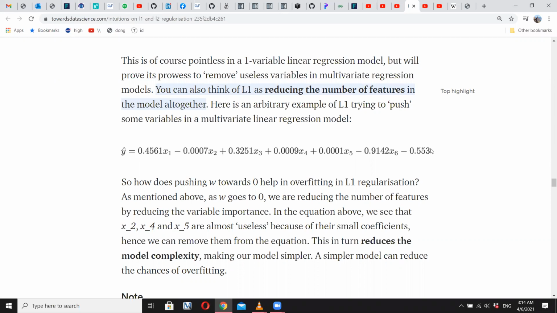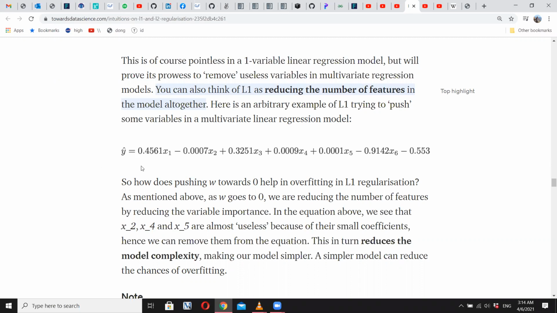Let's say this is the model that ridge regression gives you. So ridge regression gives you the intercept and 6 parameters, so 7 parameters in total.